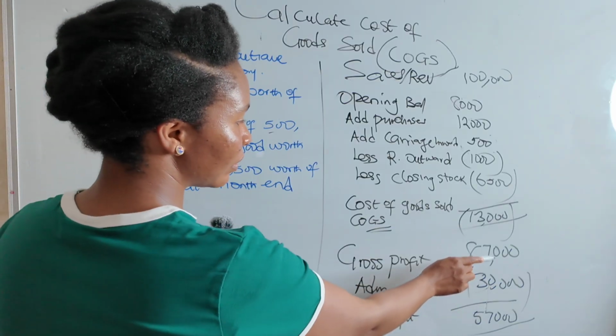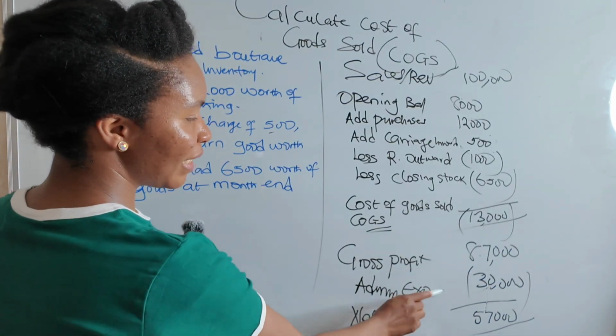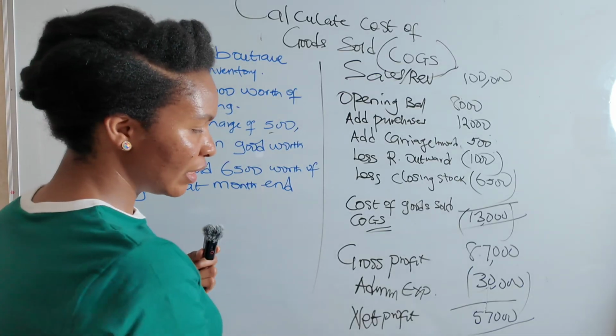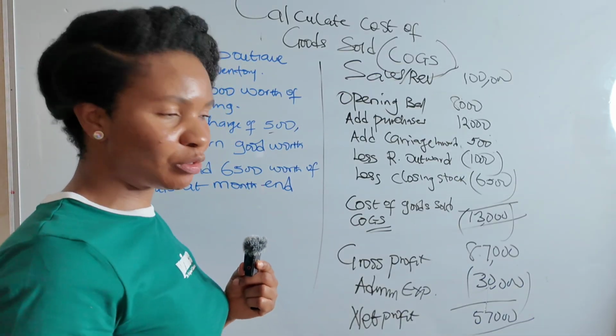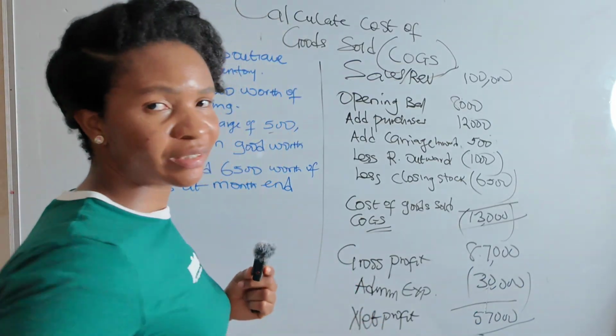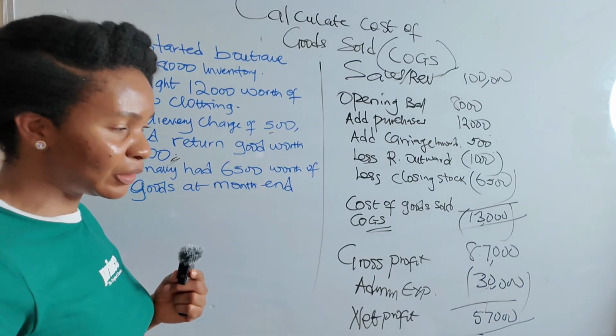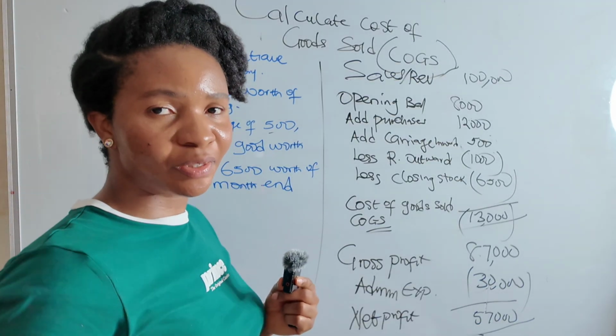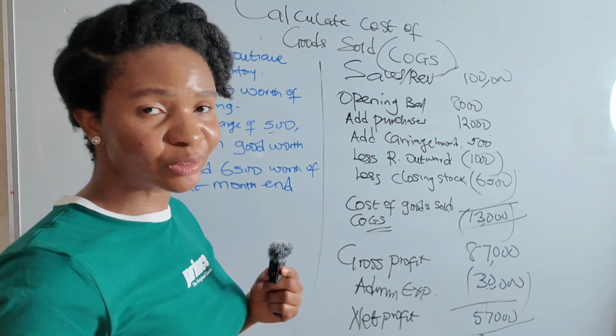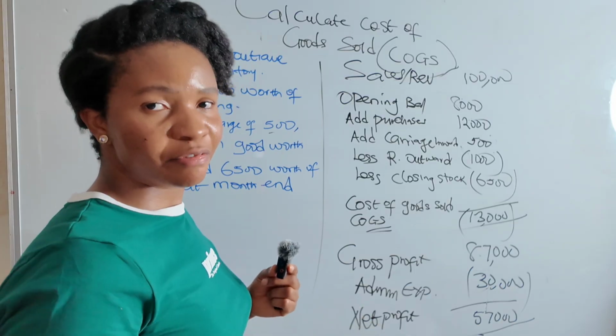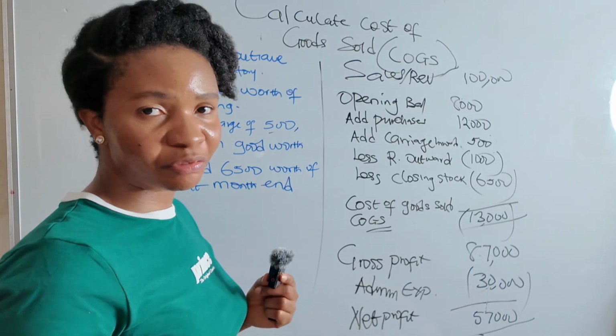Our gross profit minus our admin expenses gives us our net profit. It's important as a business owner that you understand these things so that you will know how to reinvest your capital into different projects.